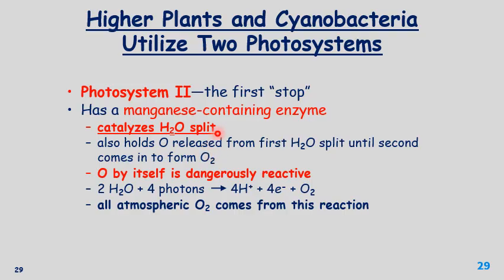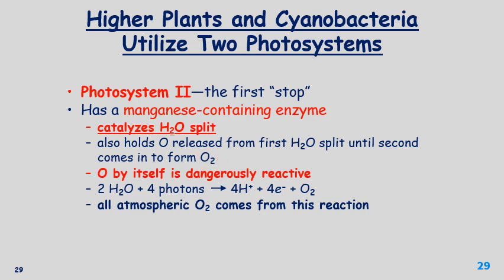Okay. Now it does this in two stages, right? So first, when it gets the first photon, it is going to break up the water. It's going to have a radical of oxygen, and that is going to wait for the second photon to get in, to break another water and get the second oxygen, and then you're going to put it together in order to make molecular oxygen.